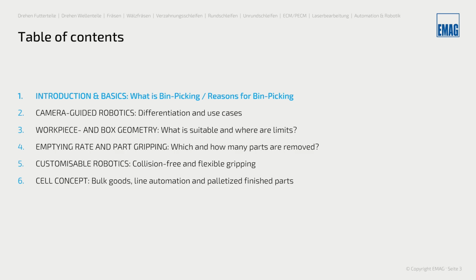We will talk about the differentiation of different use cases of robot-guided systems in general and about different camera systems. From there on, we want to talk about workpiece and box geometries. This is where it will be getting interesting for everyone working in logistics and in process planning, because we want to talk about the materials themselves and on how they interact with each other.